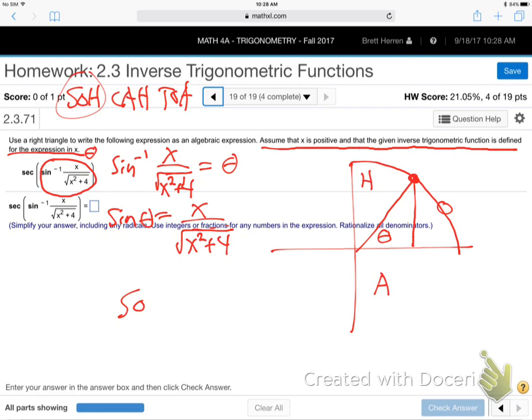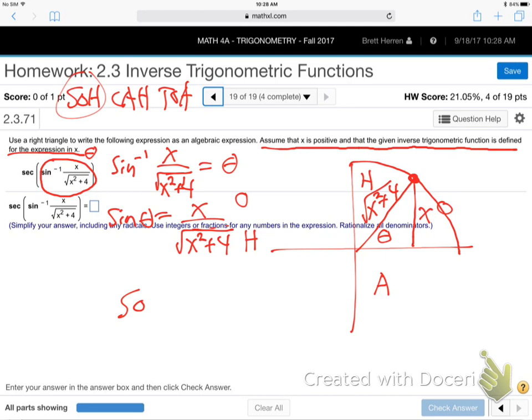So the opposite is x. The hypotenuse is the square root of x squared plus 4. Good there so far? The sine is opposite over hypotenuse, x over root of x squared plus 4.